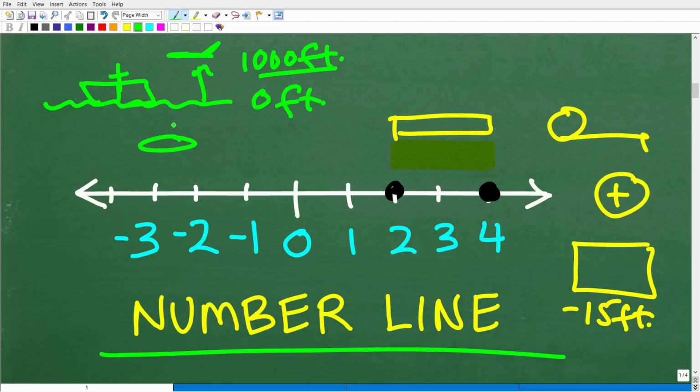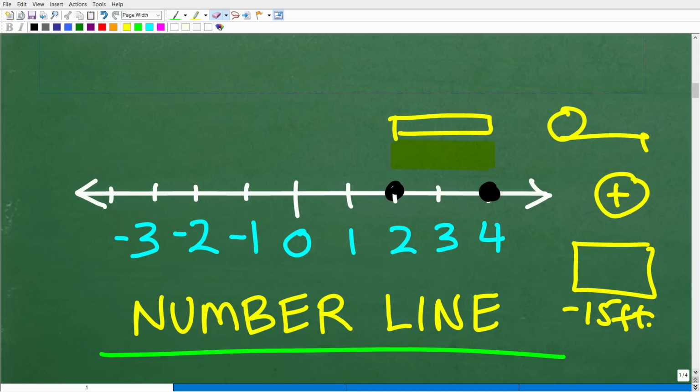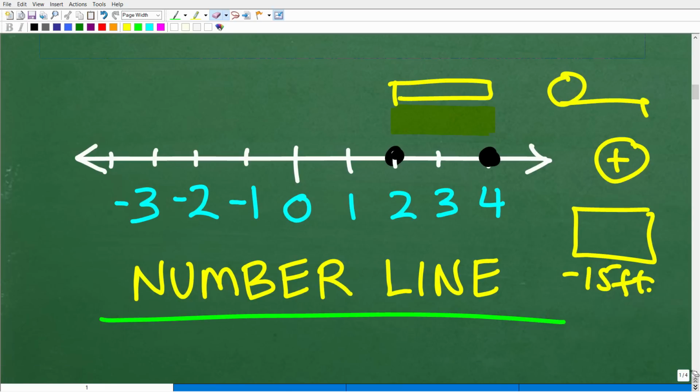But maybe we have a little submarine down here, and it's under 0. So maybe it's at negative 200 feet. So yes, indeed, you can have negative distance, but that generally indicates direction, okay? But in general, distance is going to be a positive number. All right, so keeping that in mind, let's go back to this problem.